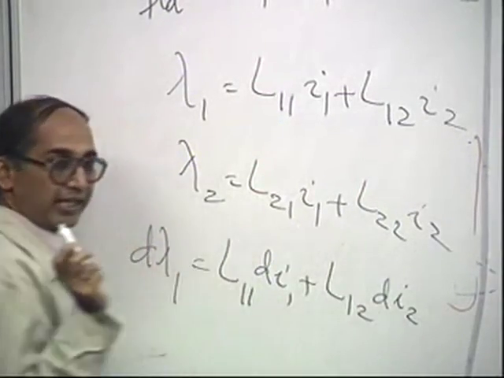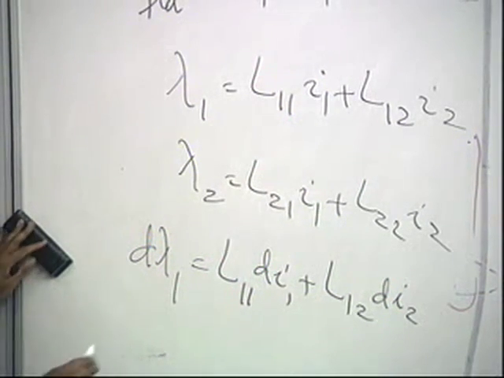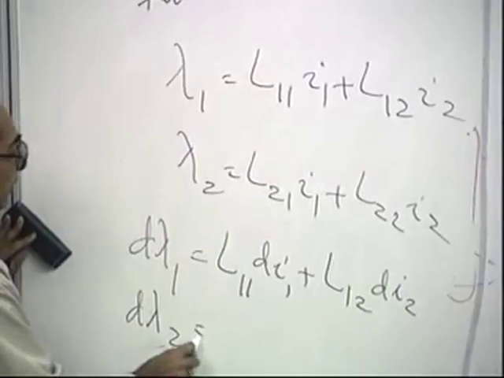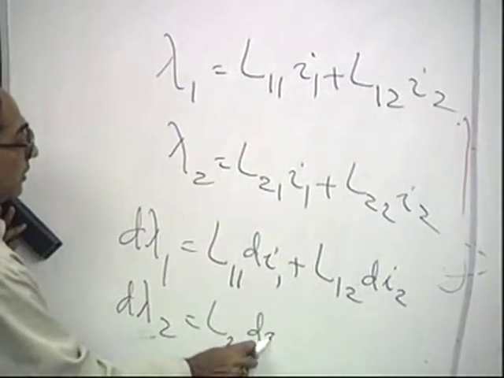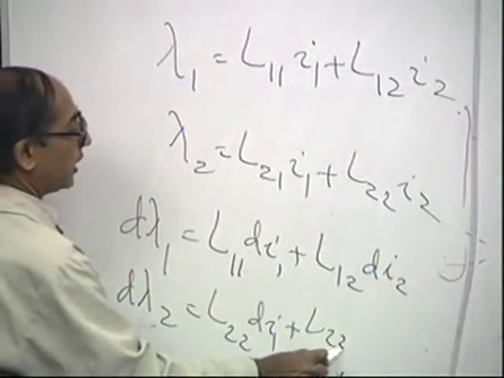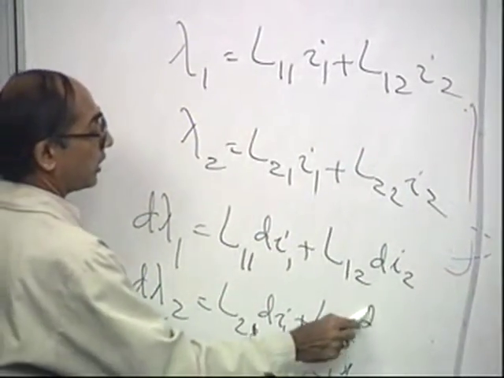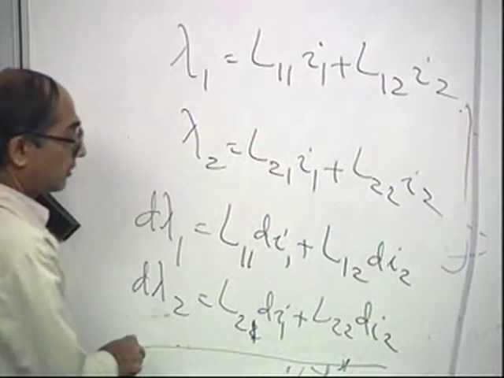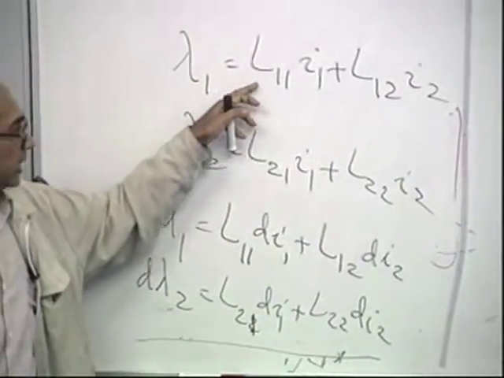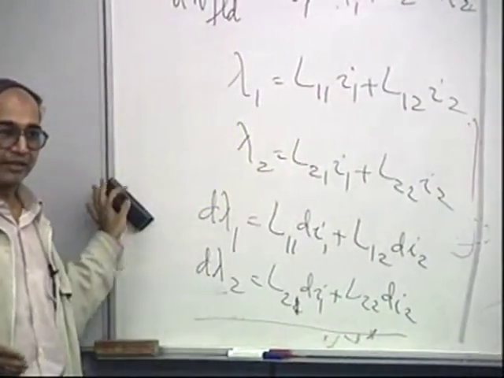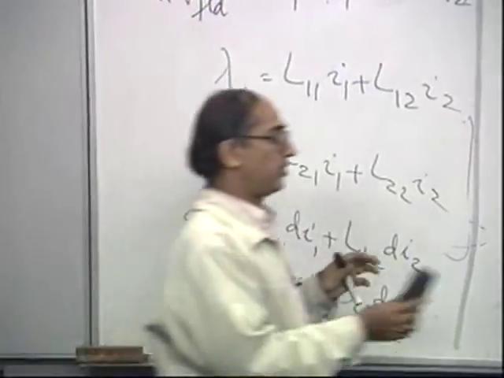This is all at constant x; we are only increasing the currents, not changing x at all. Similarly, d lambda 2 is L21 di1 plus L22 di2. When you say L11, they are all linear only; non-linearity is not there.